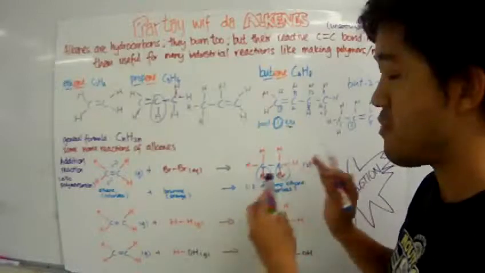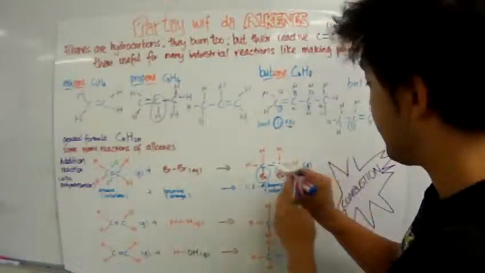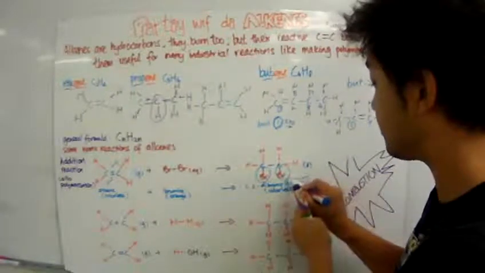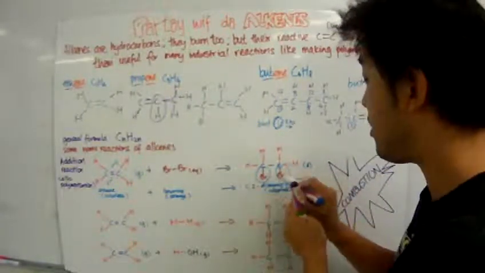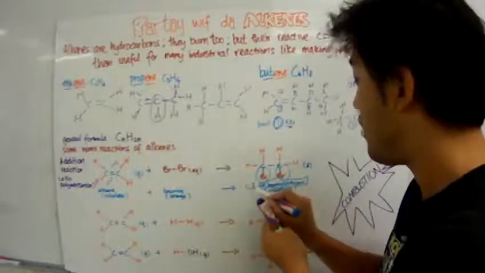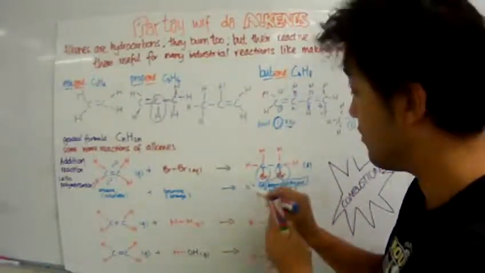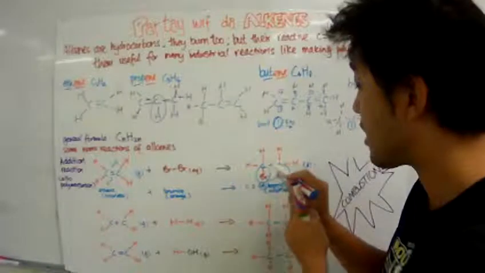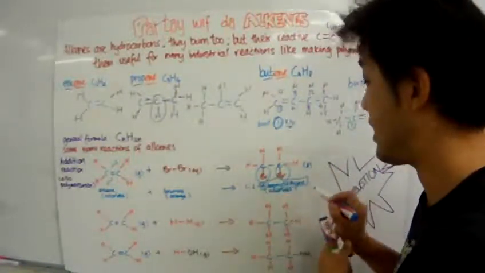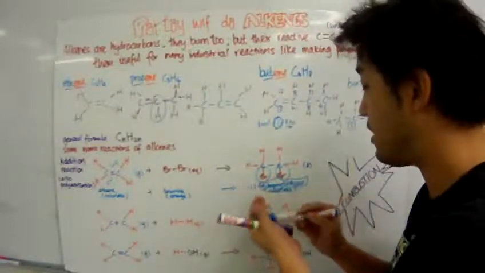All right? Remember about the naming conventions. We have 2 carbons, so we write ethane. 2 bromo, so it's dibromo. Where is the bromo located? On the first and second carbon atom of ethane. So it's 1,2-dibromoethane.